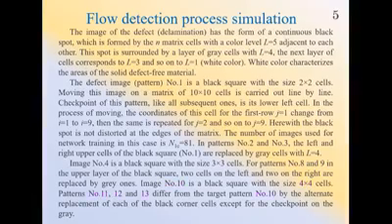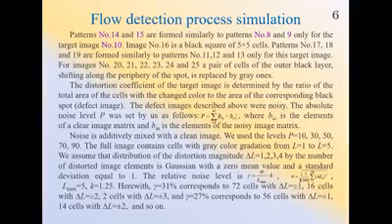Patterns number 11, 12, and 13 differ from the target pattern number 10 by the alternate replacement of each of the black corner cells, with the exception of the checkpoint, with gray. Patterns number 14 and 15 are formed similar to patterns number 8 and 9, only for the target image number 10.